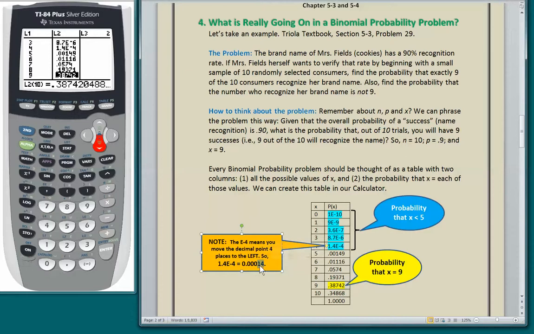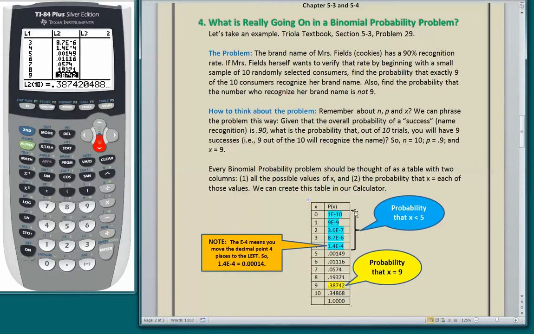This 1.4 here is the same as this 1.4. But we took this decimal point right here, and we moved it 4 places to the left, which put 3 zeros in front of that 1. So here are those 3 zeros. 1, 2, 3 zeros, 1, 4. At any rate, it's a very small number, but you need to know how these e to the negative 10 numbers work. And this explains that.